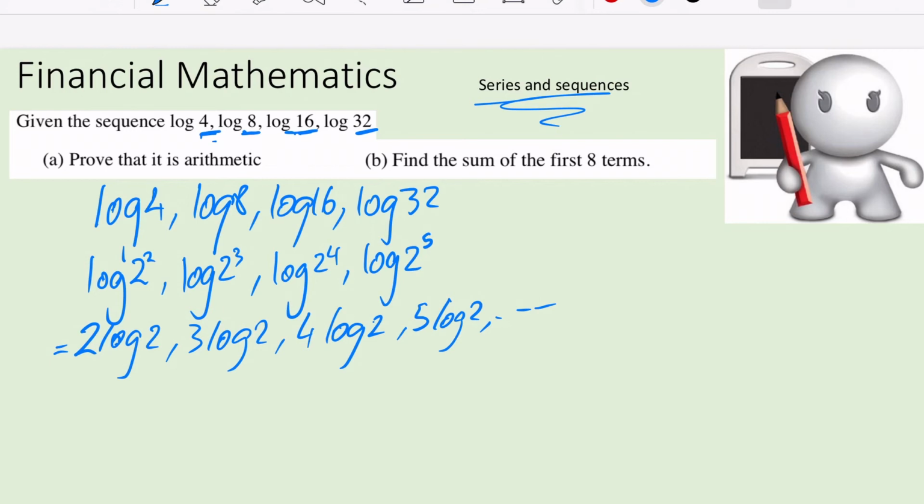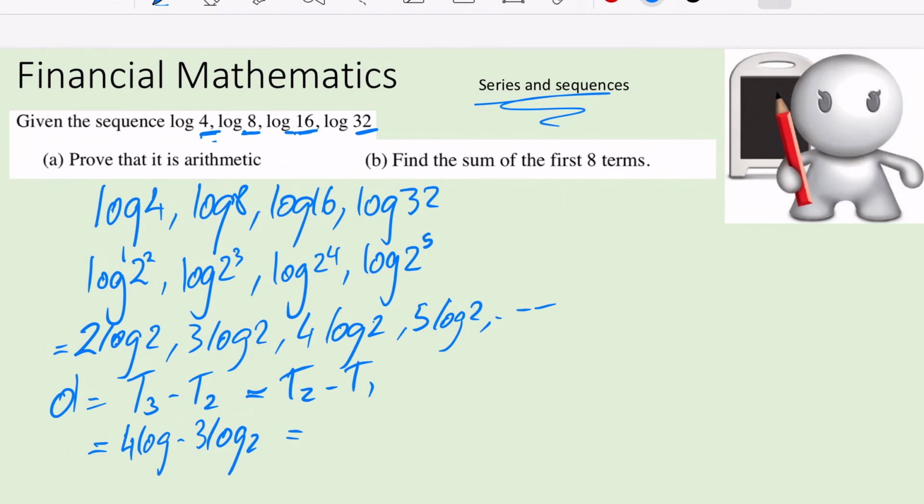Okay, so prove that it's arithmetic. Well, to prove that it's arithmetic, my difference has to be consistent. So it's T3 minus T2, and that has to be the same as T2 minus T1. So 4 log of 2 minus 3 log of 2 is log of 2. Is that the same as 3 log of 2 minus 2 log of 2?